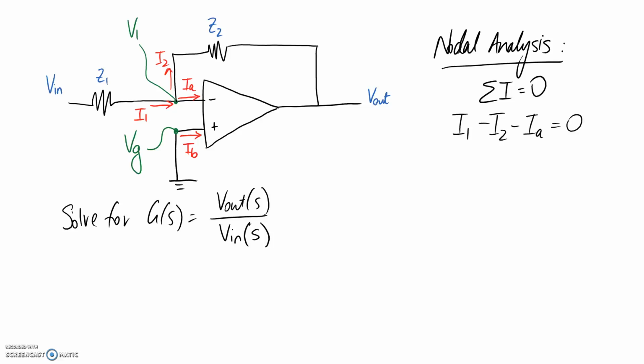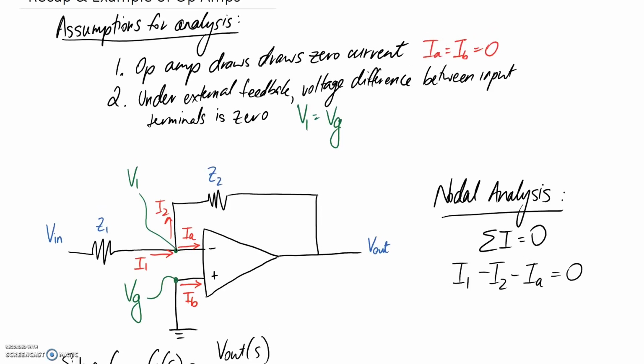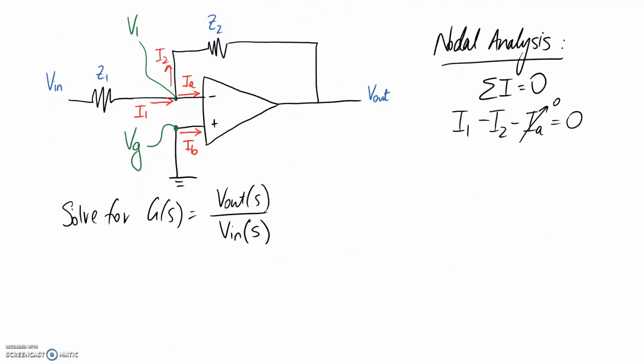Now at this point we can simplify our equation a little bit based on our assumptions. So IA, we said before from our first assumption here, has to be equal to 0. So that immediately gets dropped from our equation. So now what we need to do is instead of representing this in terms of I1 and I2, we need to get it in terms of V out and V in.